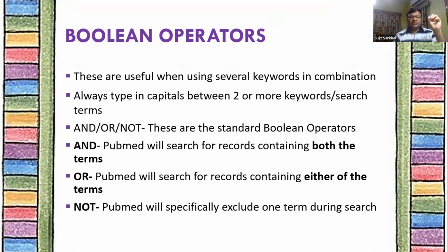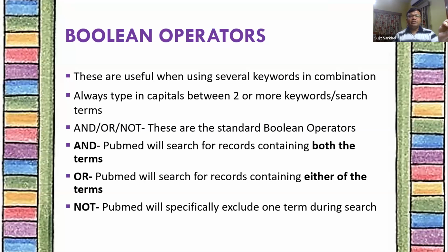When you are using OR, supposing you are saying depression OR treatment, then the search will become quite non-specific because it will look for all articles which contain the word depression. At the same time, it will also search for articles which contain treatment. So overall, it can be a huge number and often non-specific.